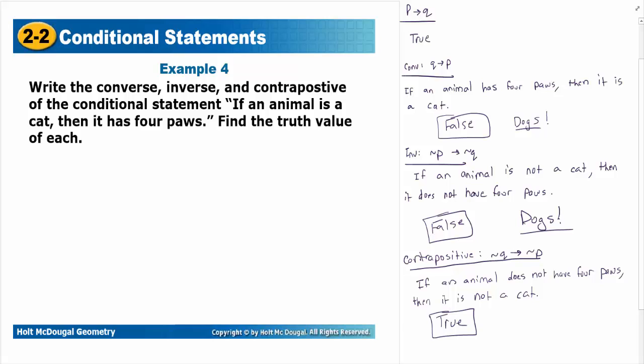Okay, so I know we can always be technical here. Like say, what if your cat lost a paw? But again, we're saying in general, cats have 4 paws. Naturally, they do, right? So in that case, it is going to be true. We don't need to always get super technical on these, but in general, these are a true statement. Okay?